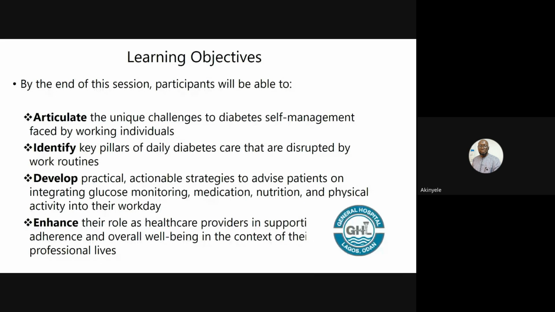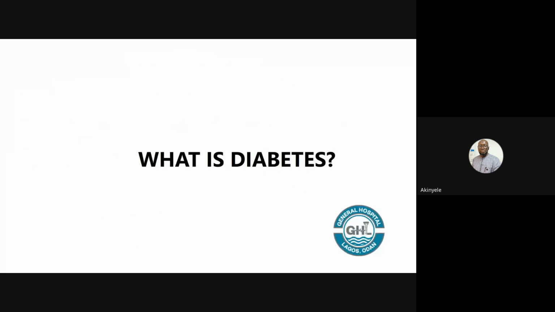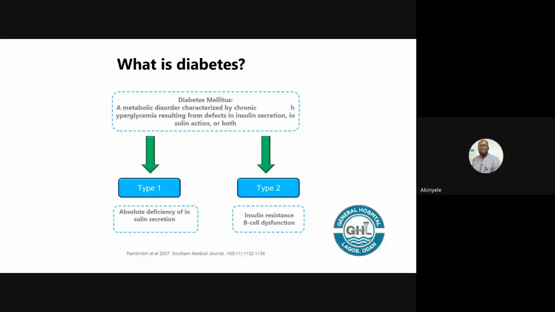So these are my learning objectives. And so we'll start by looking at what diabetes is. We know it's a metabolic disorder that's characterized by chronic hyperglycemia. And this hyperglycemia usually results from defects in insulin secretion, insulin action, or both.